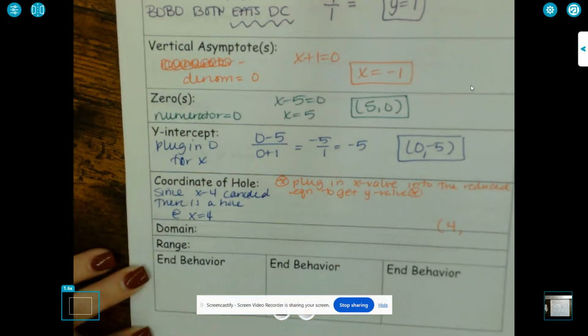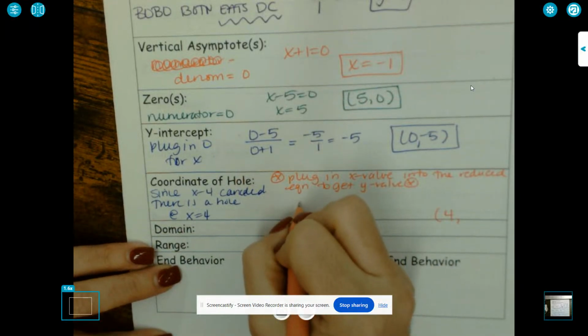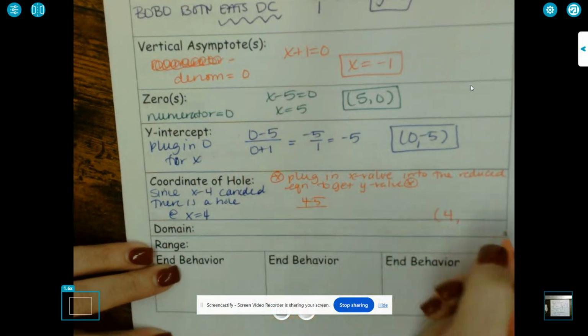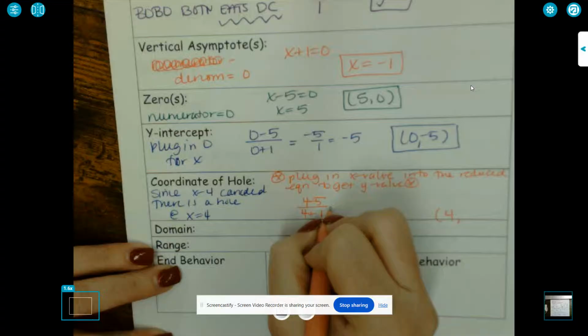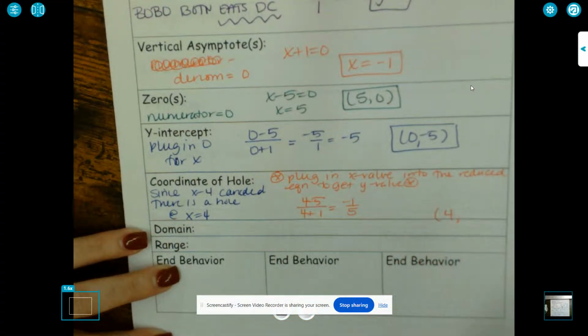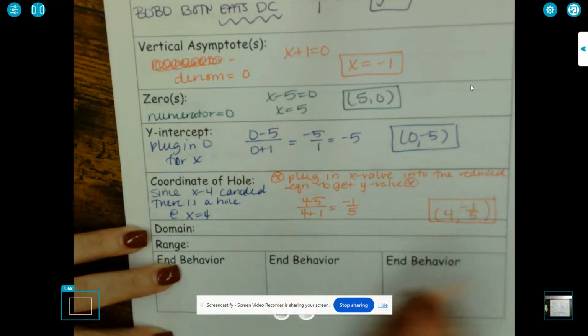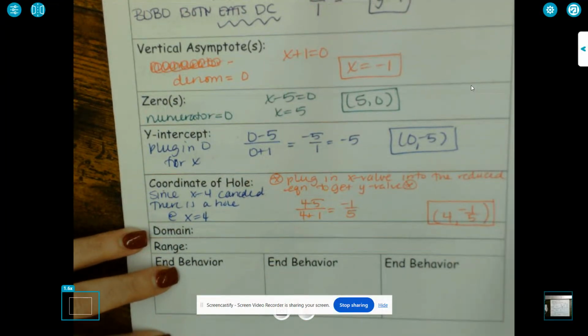If I plug 4 into my reduced equation, that gives me 4 minus 5 over 4 plus 1, which gives me negative 1/5. So my y value of the hole is negative 1/5. Now we're good to go on all of that.